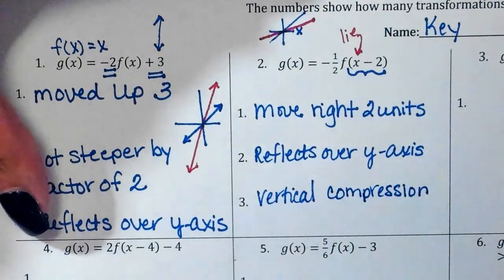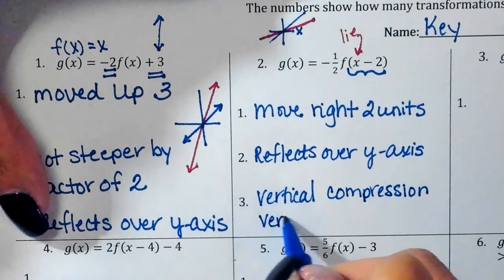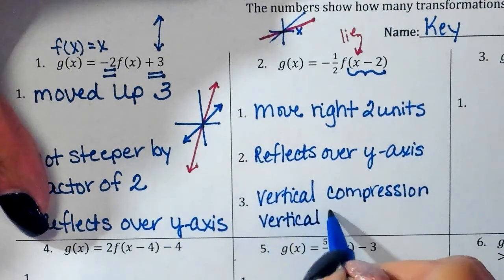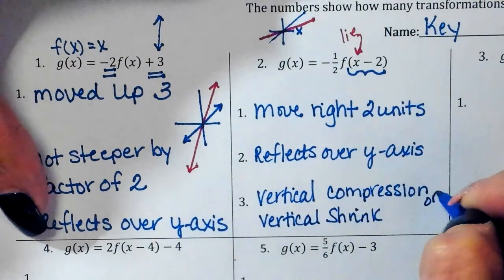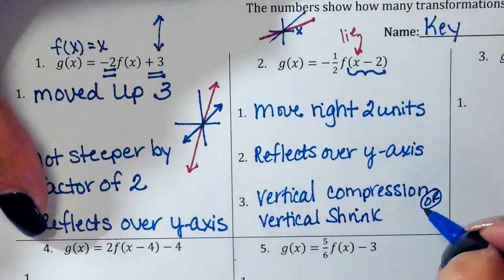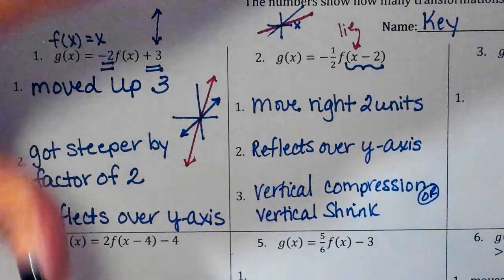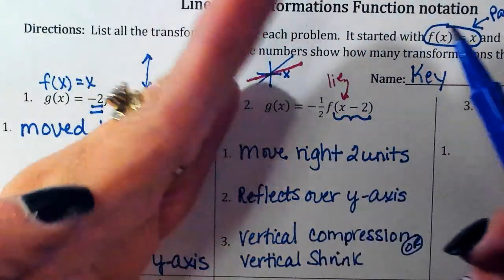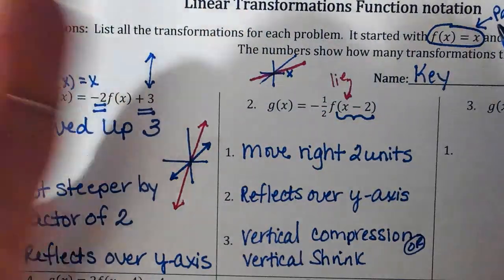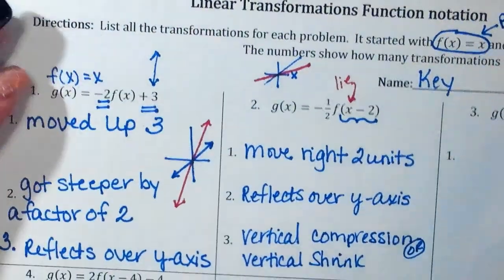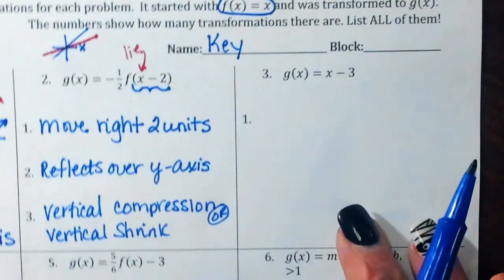I could say a vertical shrink as well. This would be an or: I could say vertical compression or a vertical shrink. Basically what I'm saying is I'm taking the parent function and I'm smushing it down. I'm making it lay its head down. All right, that's pretty good.